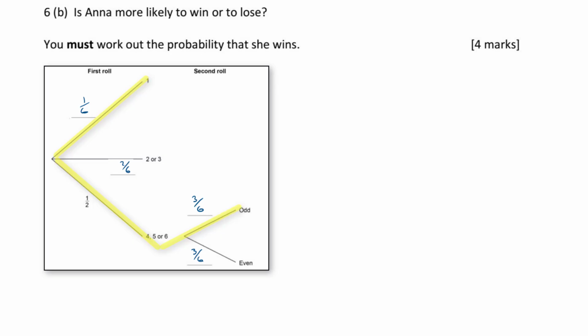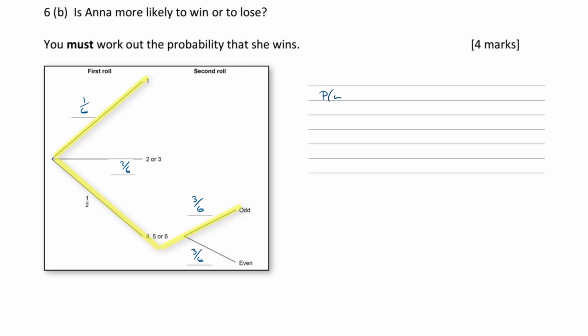Okay, so the probability of win then is going to be that outcome or that route through there. So I'm going to say probability of win is equal to the probability of getting a 1 on the first row plus the probability of getting a 4, 5, or 6 on the first row and odd on the second row, isn't it?